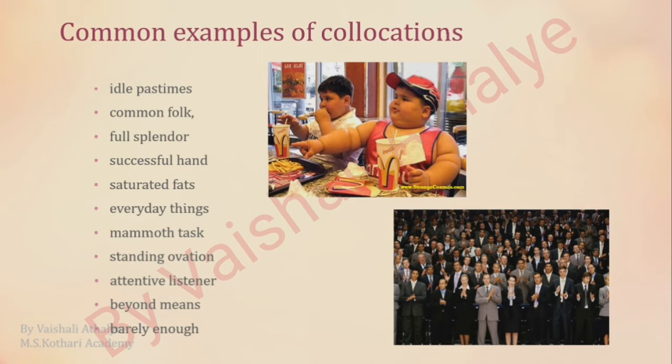The task that is huge to accomplish, we always call it a mammoth task. So in this way, the words that always go together, may be a phrase, may be a combination of words, will be called collocations.